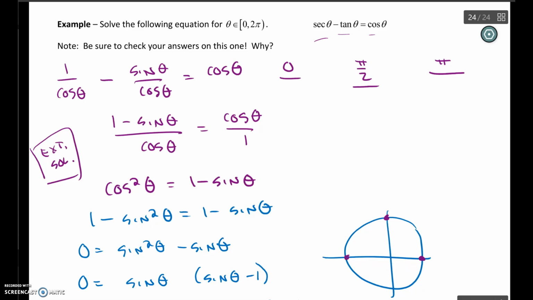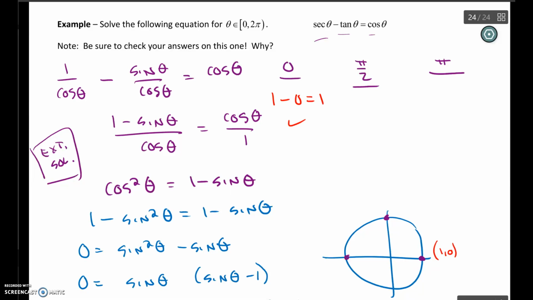So let's do it. At this point here, the coordinates are 1, 0. So the secant is the reciprocal of the cosine. The cosine is 1, so that would be 1 minus tangent, which is 0, equals the cosine, which is 1. That checks out.